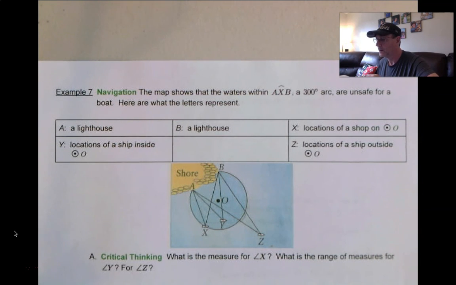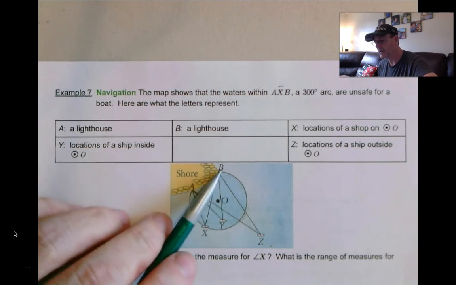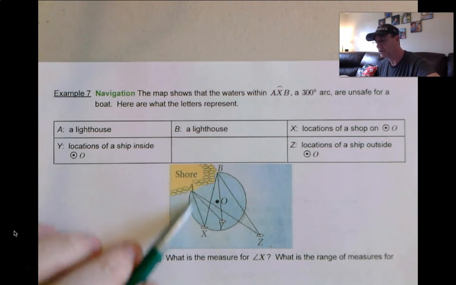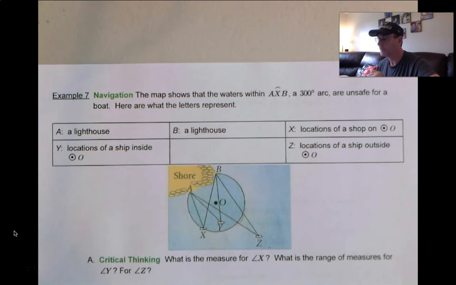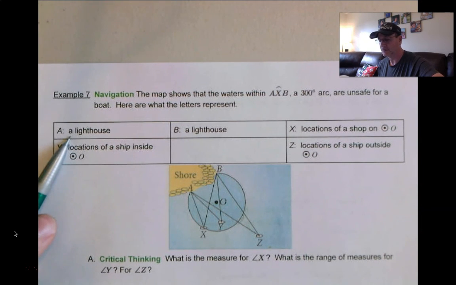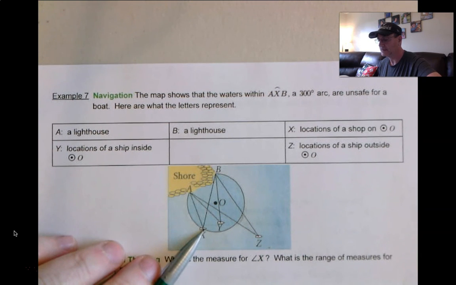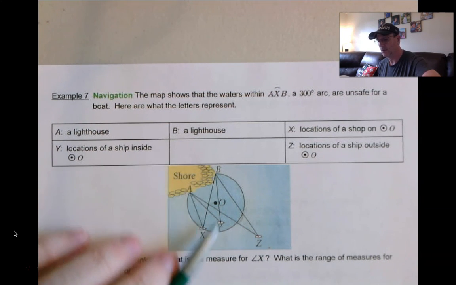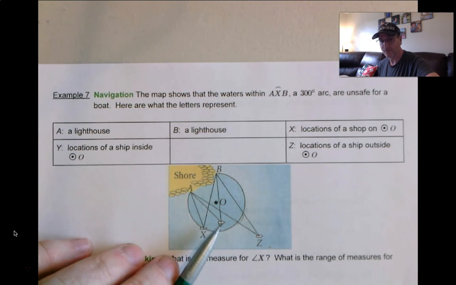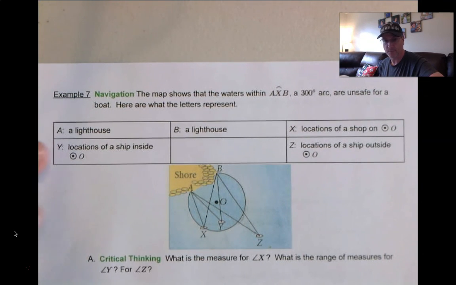Okay, and AXB is a 300-degree arc. Here are what the letters represent. A is a lighthouse, B is a lighthouse, X is a ship on the circle O, Y is a ship inside of circle O, and Z is a ship outside of the circle.